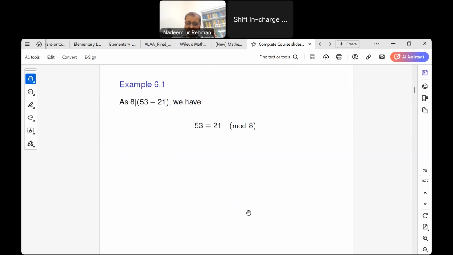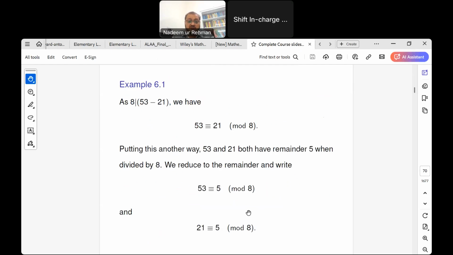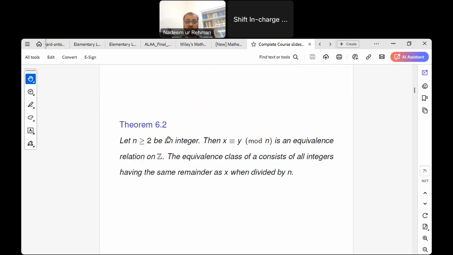For example, these are the examples we have to correct. This is the main theorem, which is very important from our group theory point of view. For integers n and x congruent to y mod n, this is clearly an equivalence relation. Equivalence relation means reflexive, symmetric, and transitive conditions are satisfied. The proof is very trivial.